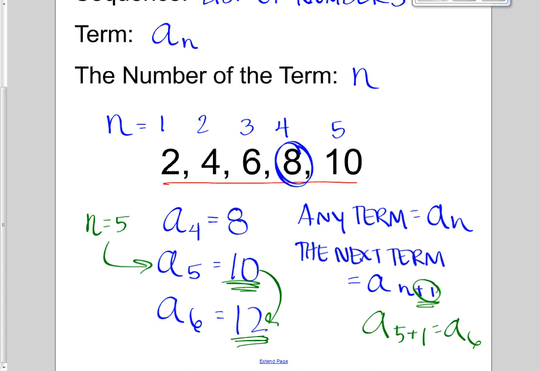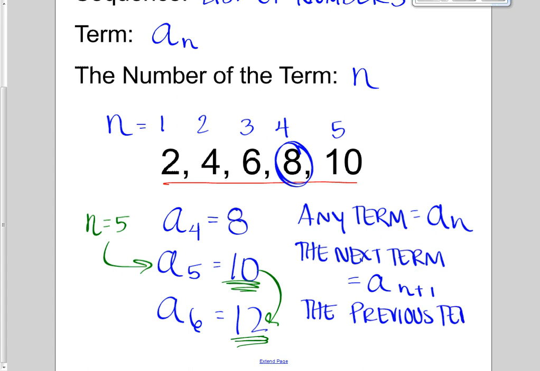One other piece we can put on here is we could also talk about the previous term. And for that one, we would say A sub n minus 1.